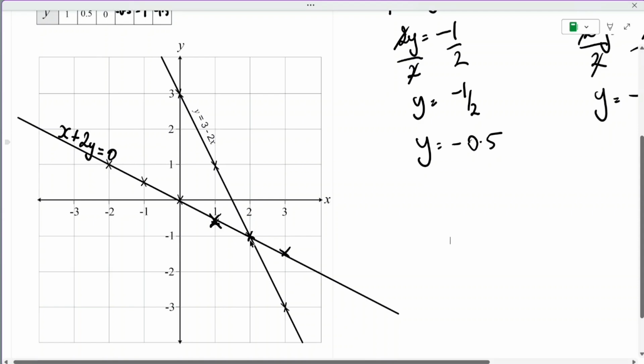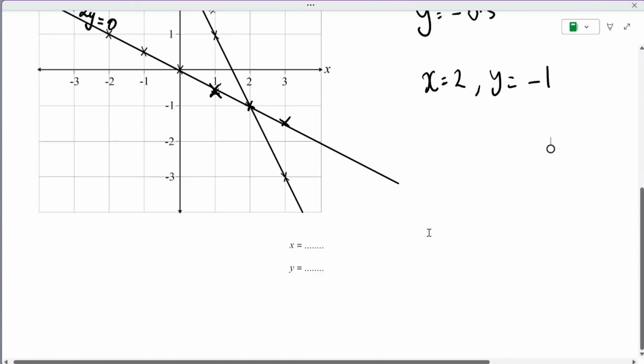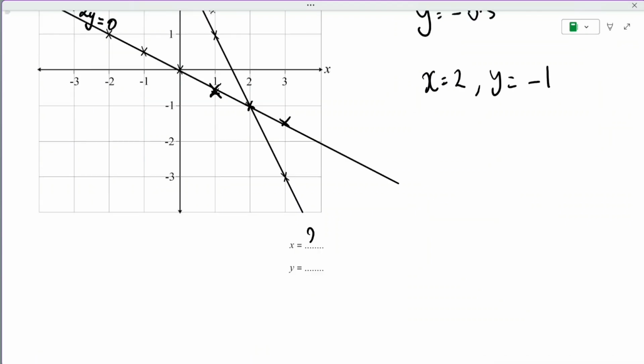At this point, if you trace it up to the x-axis, x is 2. So the answer is x is 2. At that point, if you trace it to the y-axis, y is minus 1. Write it here, x is 2, y is minus 1.